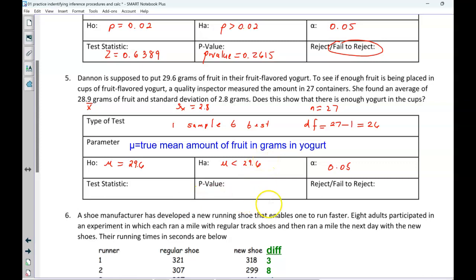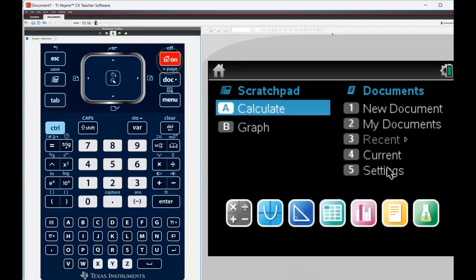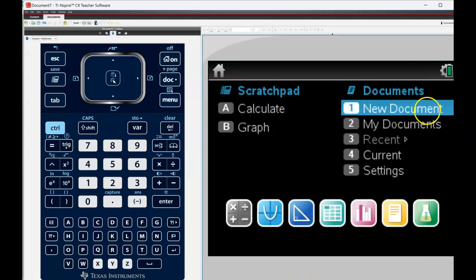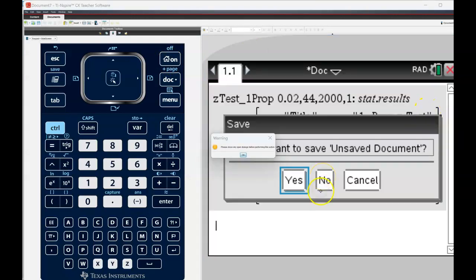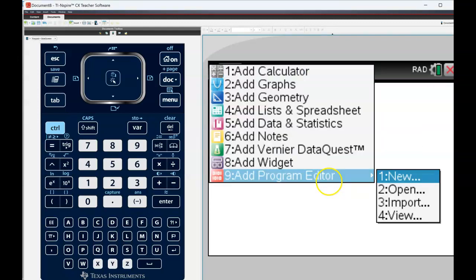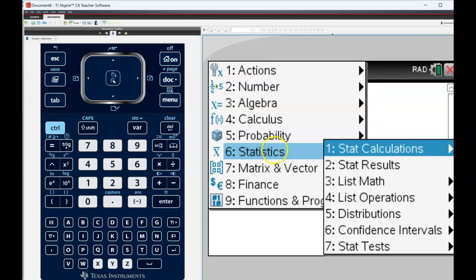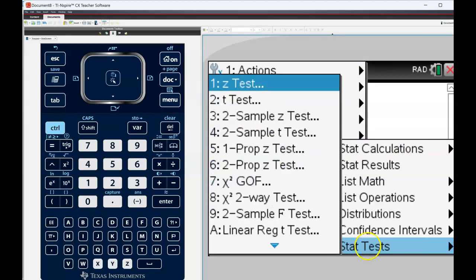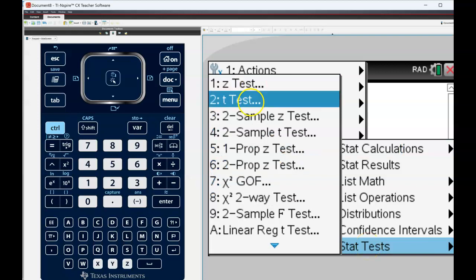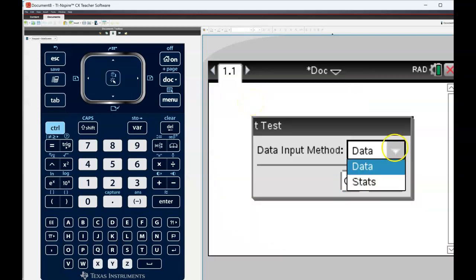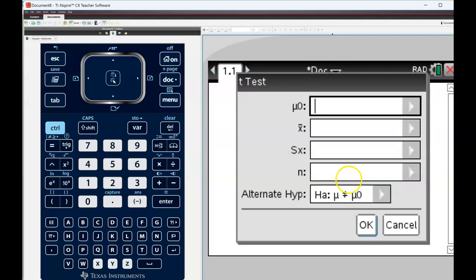Okay. We're going to now go to our calculator to enter our data. Again, I'm going to start a new document. So menu, statistics, stat test, and it's a t-test. And we're going to be basing it on summary stats.